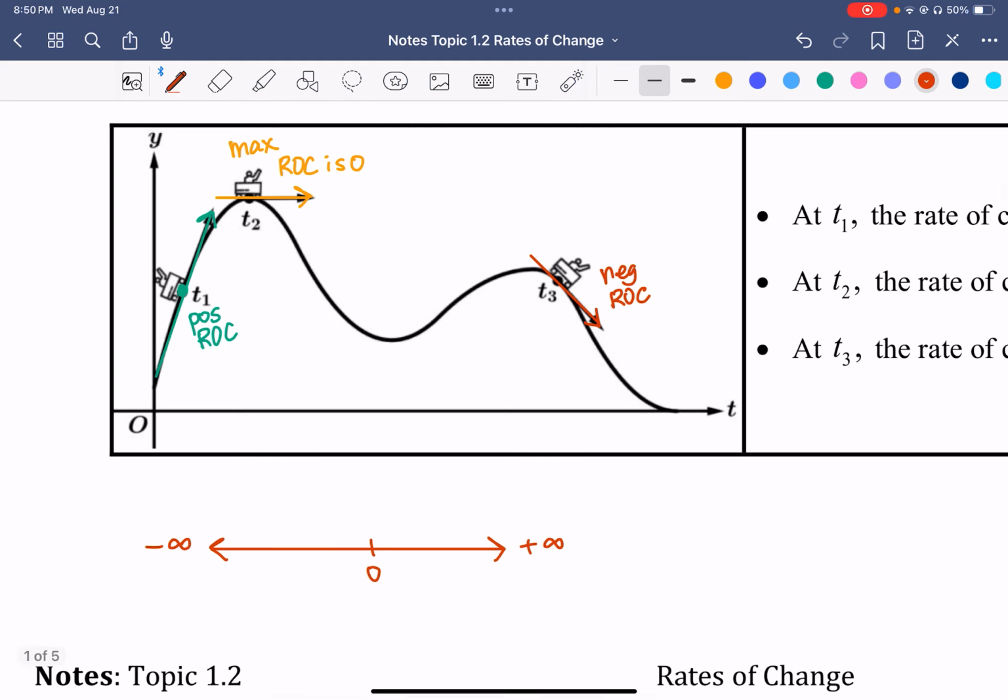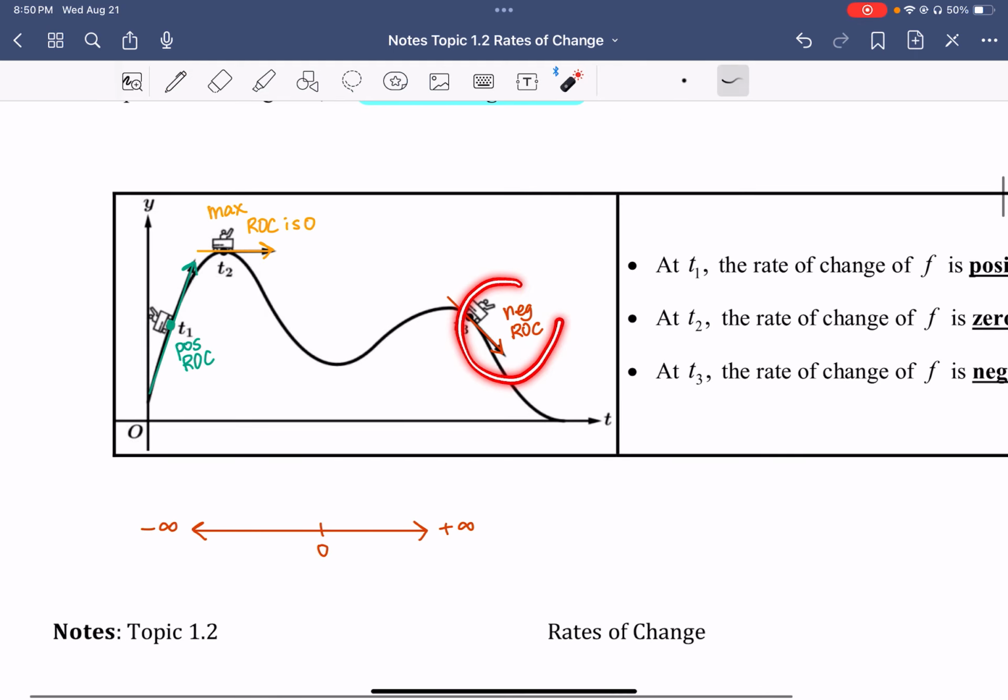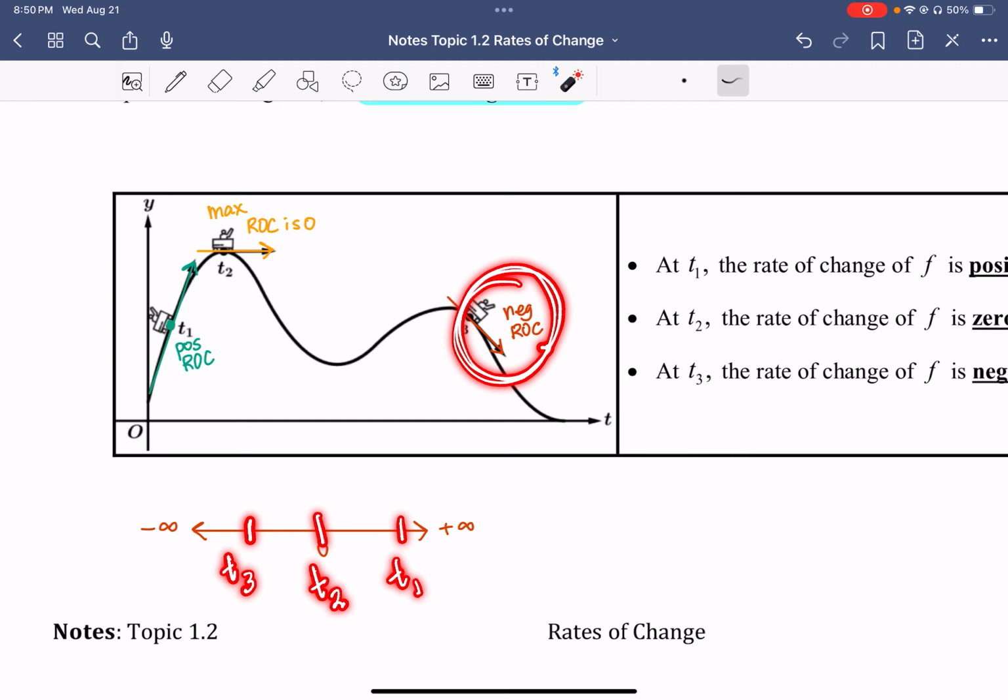So that means that this negative rate of change is going to be somewhere here. So let's say this is t sub 3, and then let's say this is t sub 2, which had a rate of change of 0, and then a positive rate of change, we would have t sub 1 with the biggest rate of change. So you want to think of it numerically.